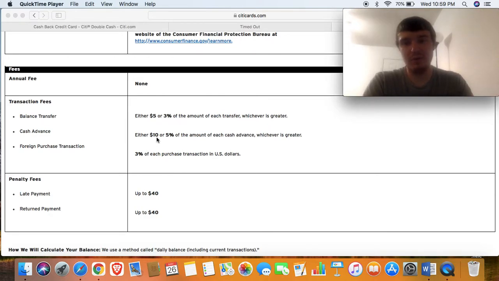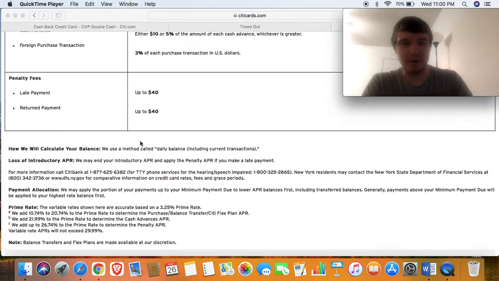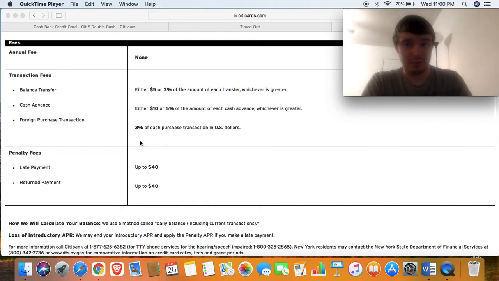So if you take $20 out on your credit card, they're going to charge you $10 to take out $20. So you're going to owe them $30. Plus, they're going to hit you with this APR. That's why I say don't do cash advances. They will screw you bad.